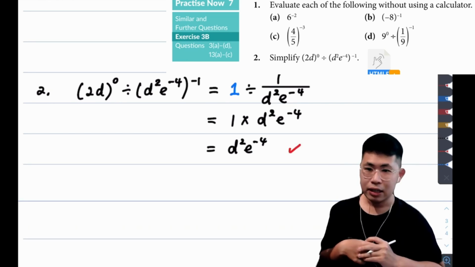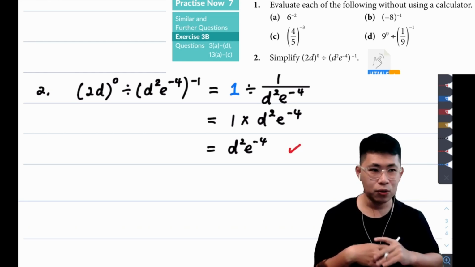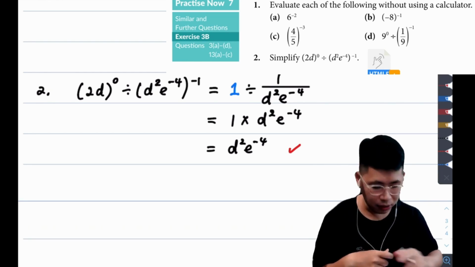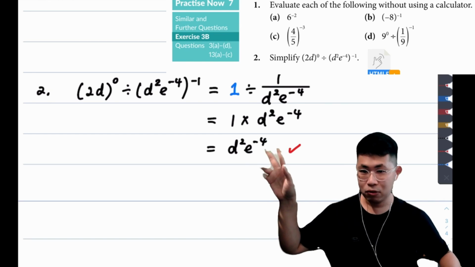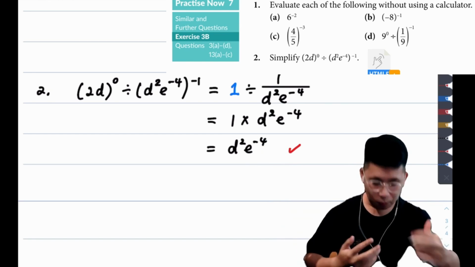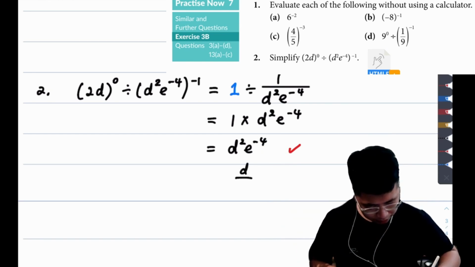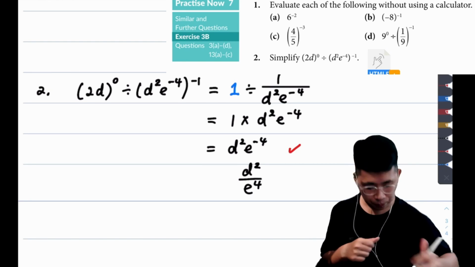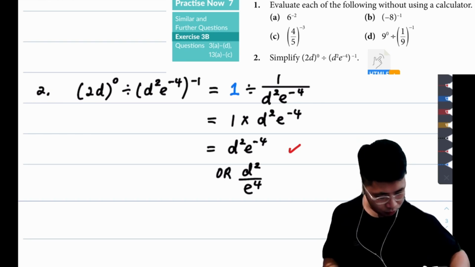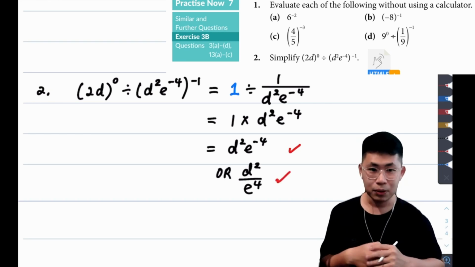Now, if the demand of the question is such that we want to leave our powers as positive powers, we may go one step further and look at this negative power 4 here. We can convert to a positive power by sending this to the denominator. So d squared over e to the power of 4 also works. This is also acceptable.